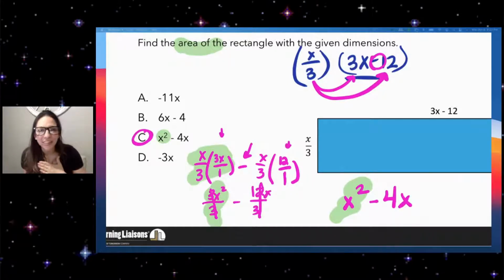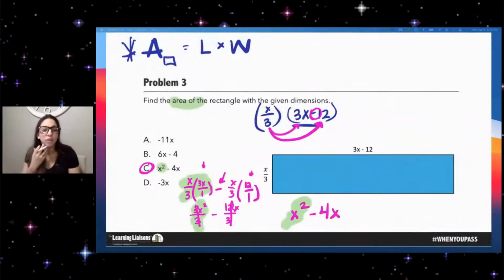I'm not very good at that when I'm doing the exam. If I'm taking a test, I'm not very good at using the answer choices to help me save time. I'm one of those people who just solves the entire problem and then looks for the answer. But that's not the best test taking strategy when we're crunched for time. So make sure you pay attention to those answer choices to help you so that as you're solving the problem, you know what you're looking for.